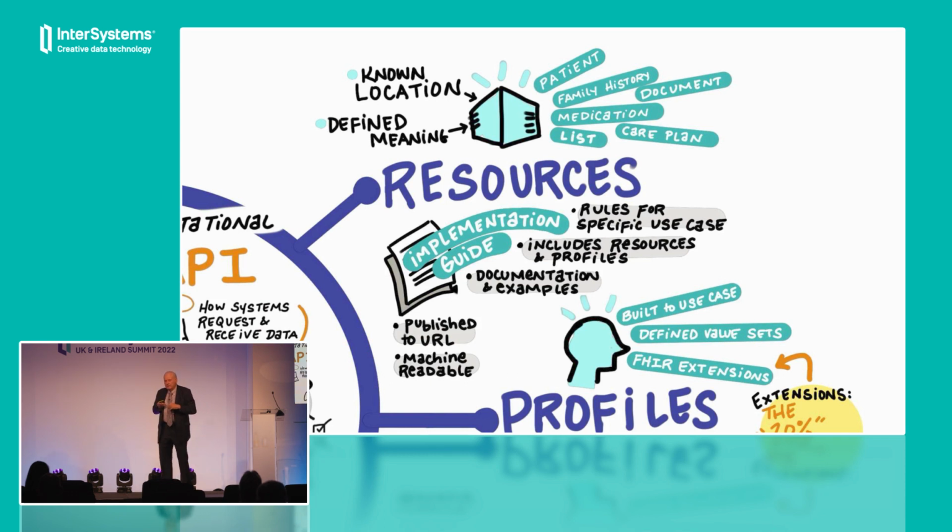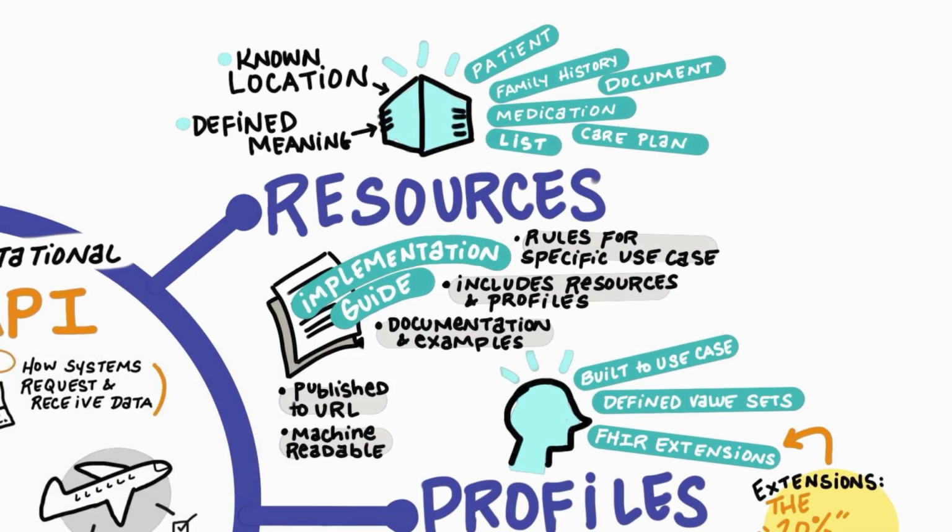So that brings us to the end game for FHIR, which is the FHIR Implementation Guide. And the FHIR Implementation Guide is actually a FHIR resource, but it's a formal description of how you create an implementation guide for a particular use case in FHIR.